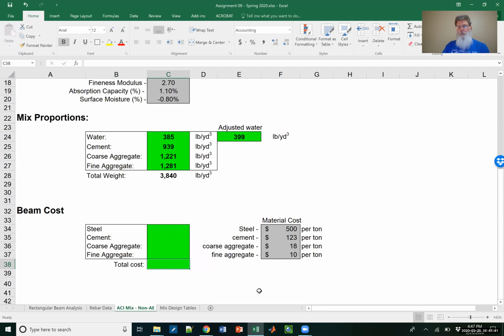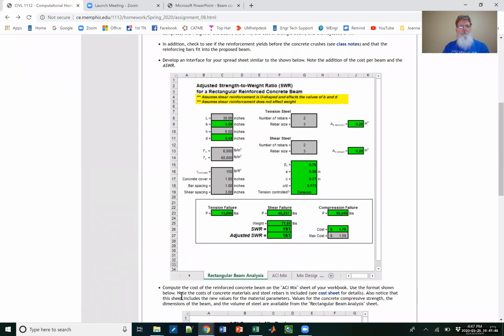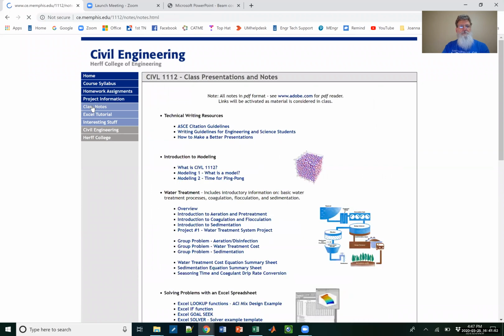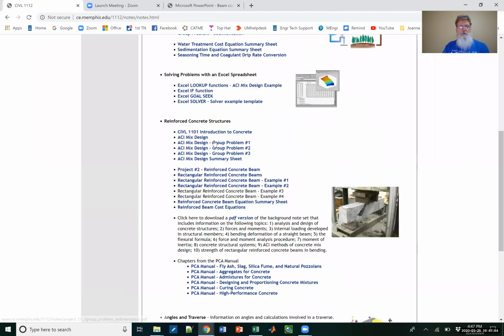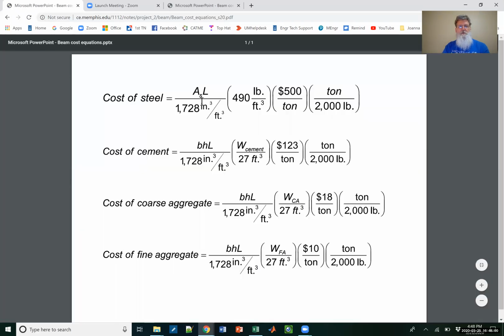Just to remind you what those formulas are, you can go back to the website, go to the notes section and come down here, where it says cost equations. If you click on that, you'll get a sheet with all of our cost equations.